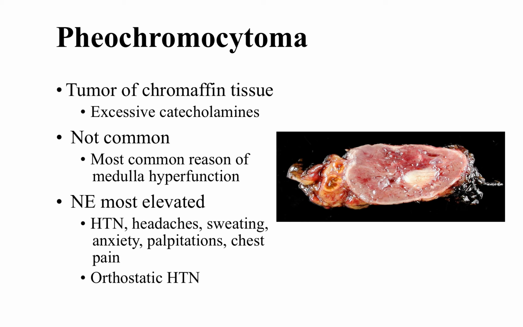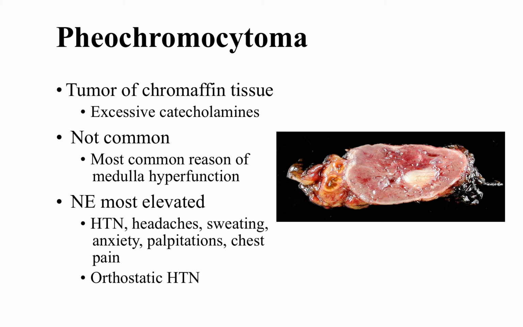When there are too many chromaffin cells, and in this case, it's due to a benign growth, it is the most common pathologic condition of the adrenal medulla. However, in and of itself, it's not highly found or something that we see commonly just in general. It's called a pheochromocytoma.